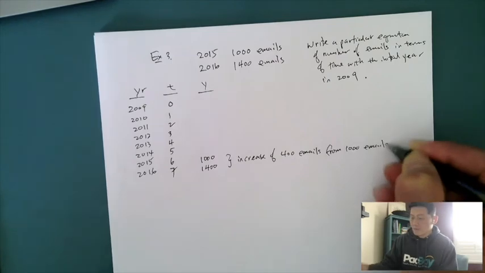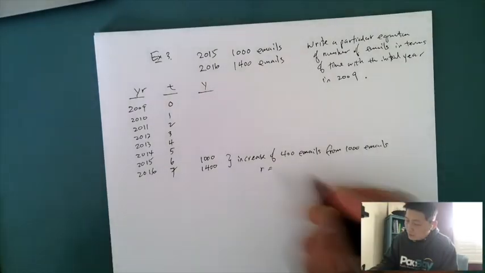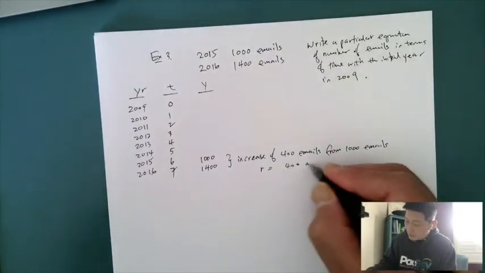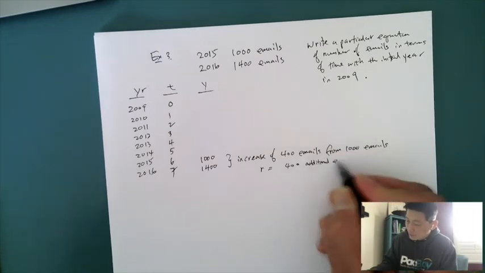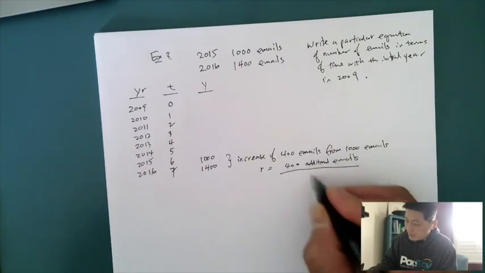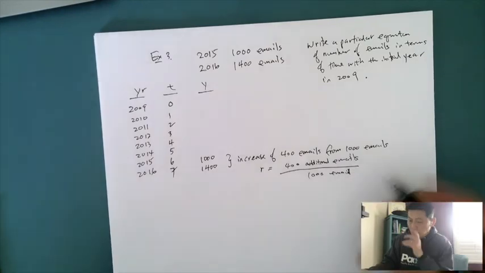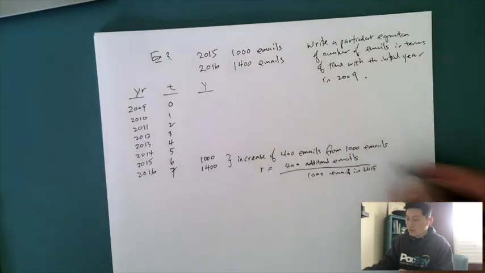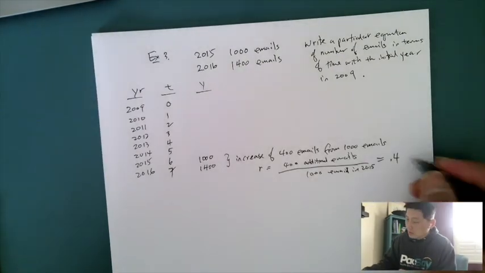So the rate is 400 additional emails divided by 1,000 emails in 2015, right? So this gives me what? This gives me 0.4 or 40%.